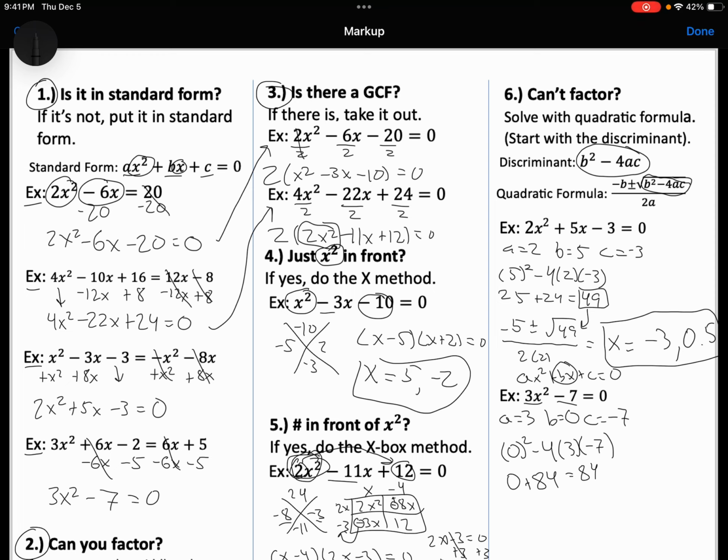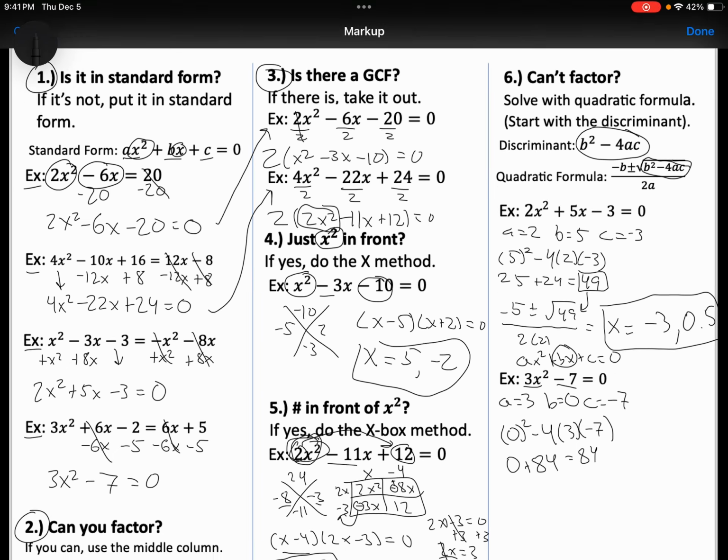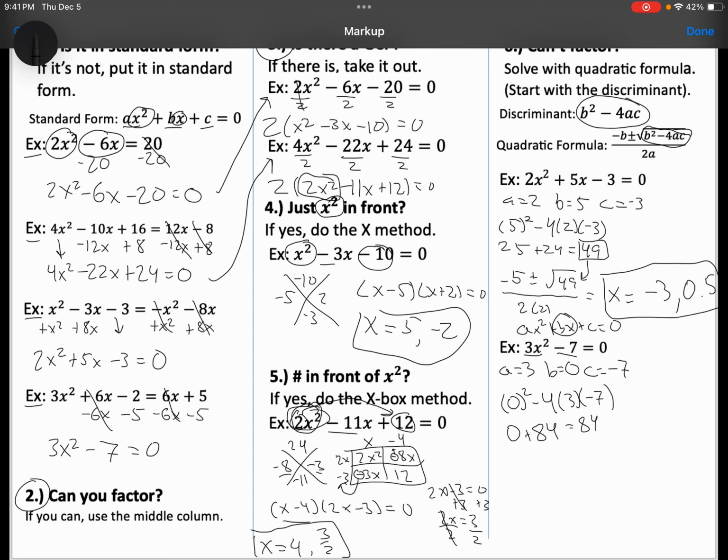So then I need to put this into the quadratic formula, which is -b. So in this case, it would be -0 plus or minus the square root of our discriminant, which is going to be 84, divided by 2 times a, which a in this case is 3.